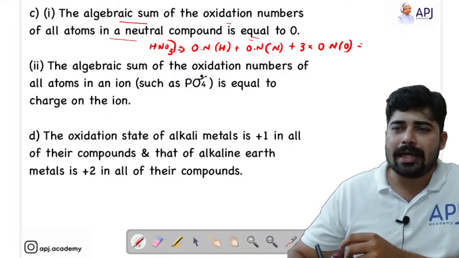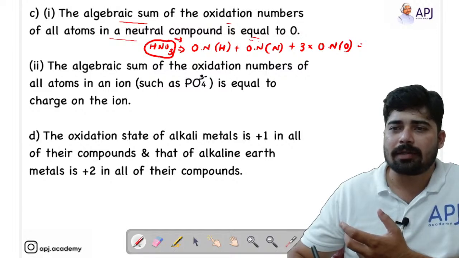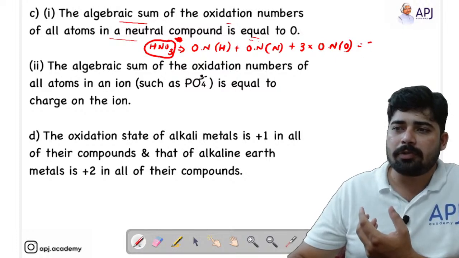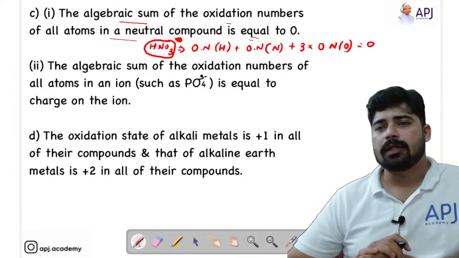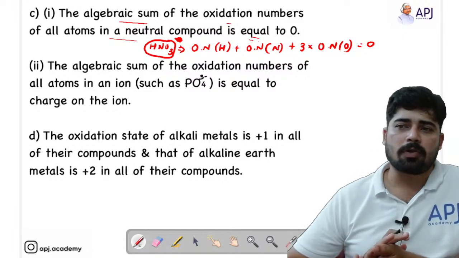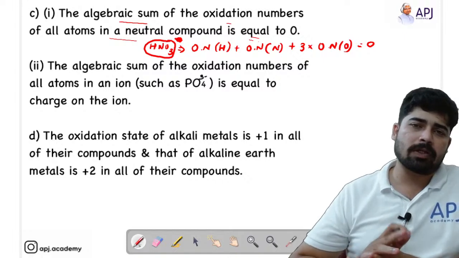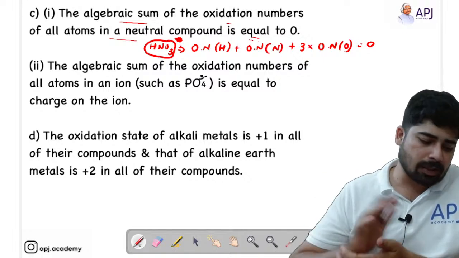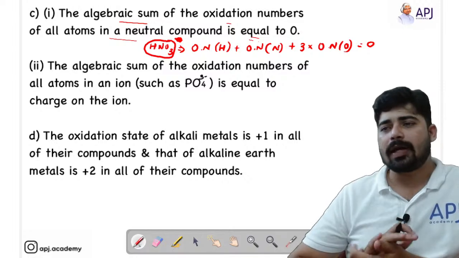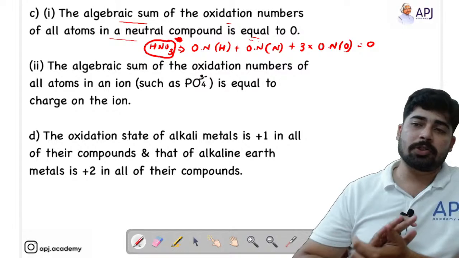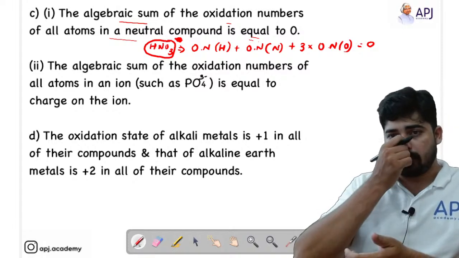You cannot see any charge on this molecule. If there were a charge, it would be written like -3 or something like that. So here there is no charge, so you can equate the sum with 0. If you are considering a neutral compound, the algebraic sum of the oxidation numbers of all the elements in it will be equal to the charge on the neutral molecule, which is 0.